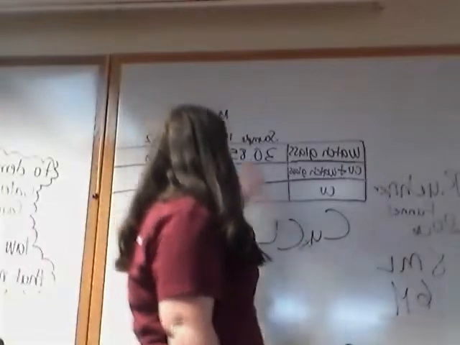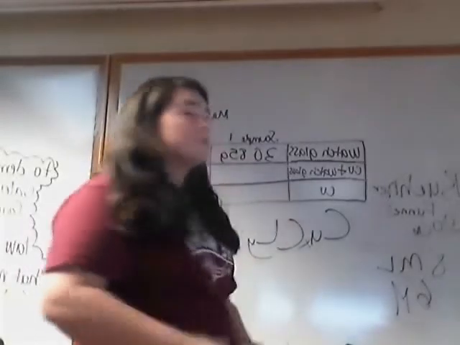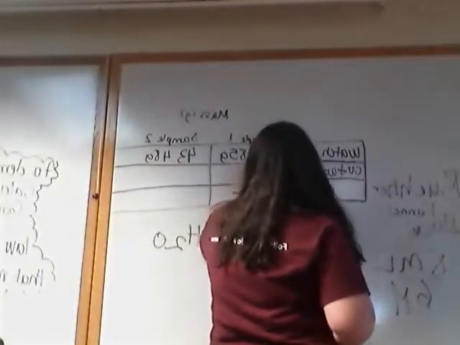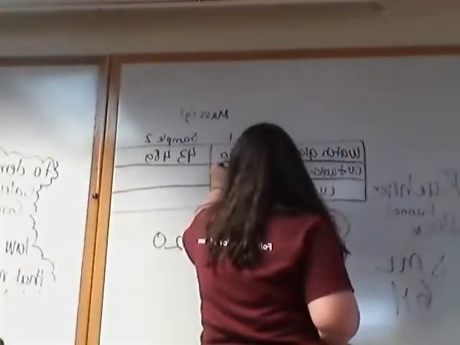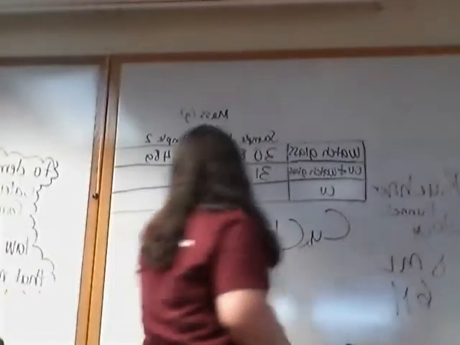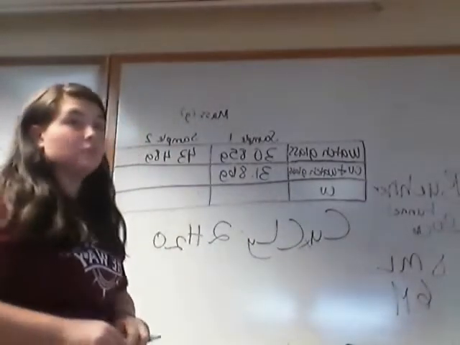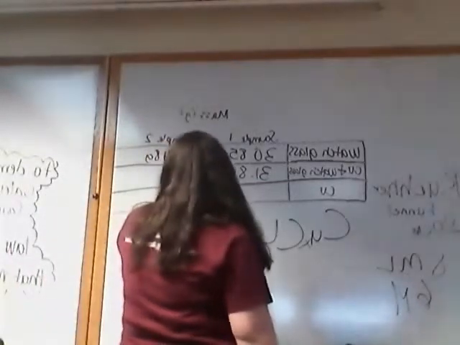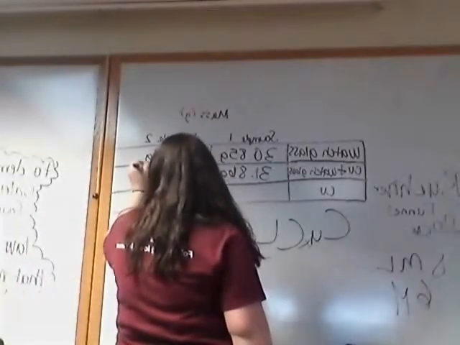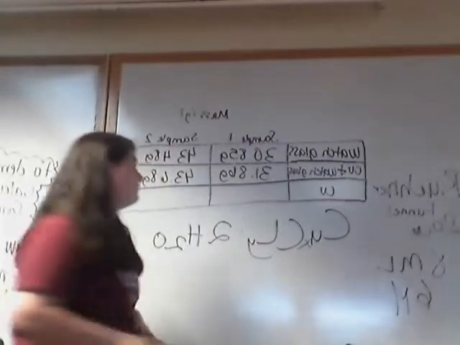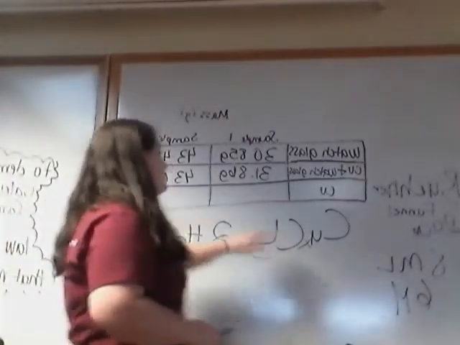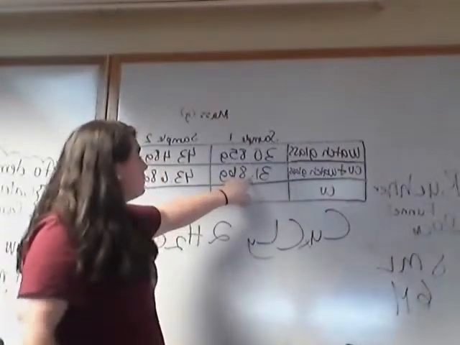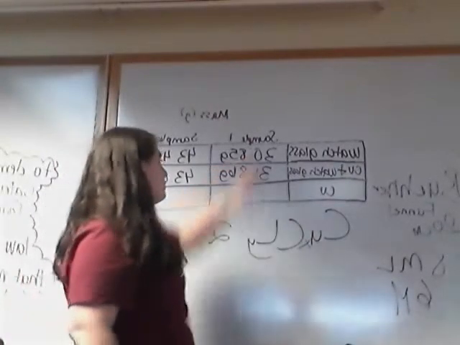The mass of the first sample of copper in the watch glass is 31.86 grams. The second sample plus the watch glass is 43.68 grams. To calculate the mass of the copper, you take the mass of the copper plus the watch glass minus the mass of just the watch glass.